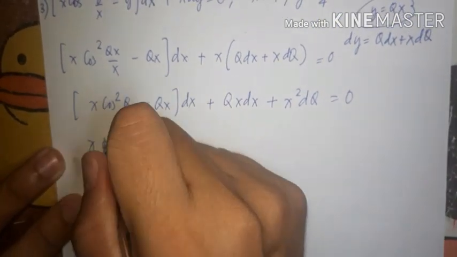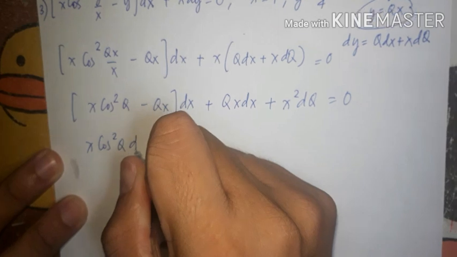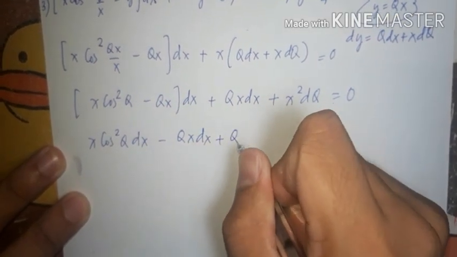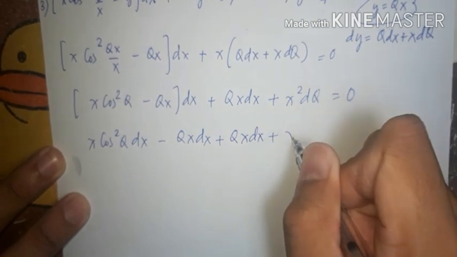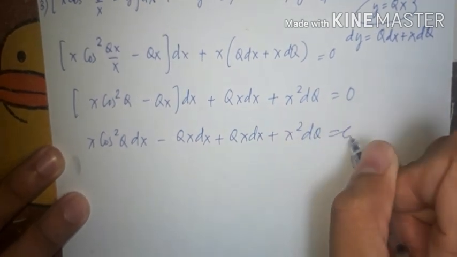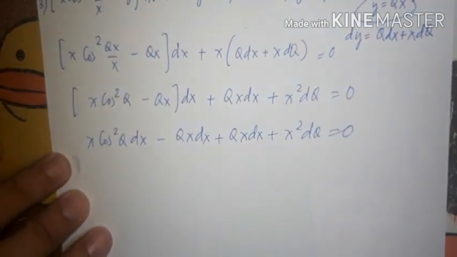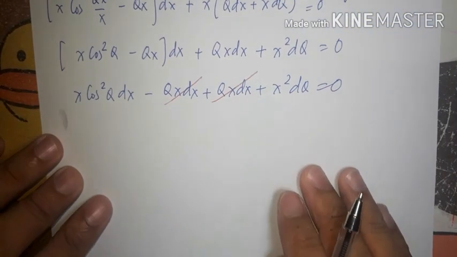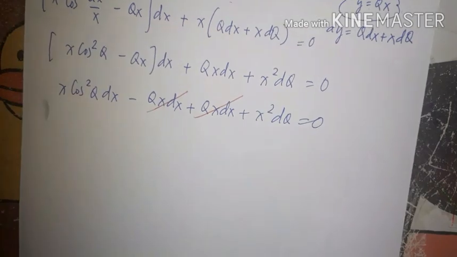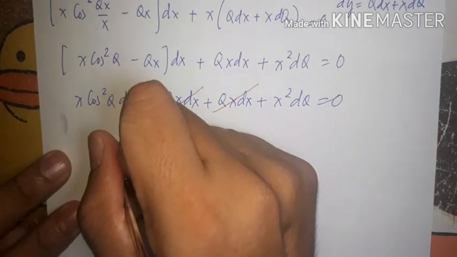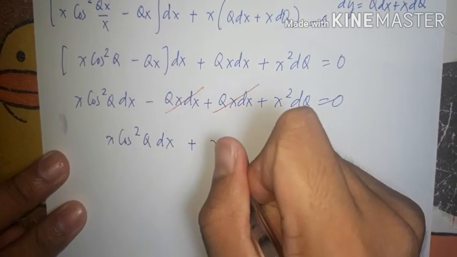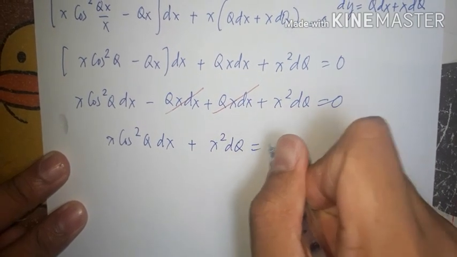Then, this is x cosine squared q dx minus qx dx plus qx dx plus x squared dq is equal to 0. This negative qx and positive qx cancels out, and that gives you x cosine squared q dx plus x squared dq is equal to 0.